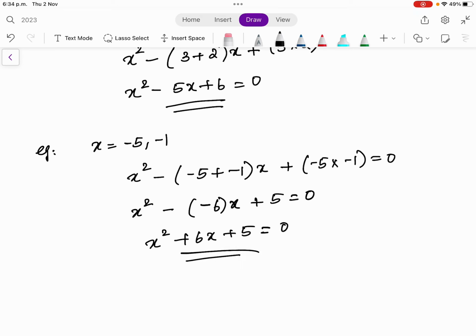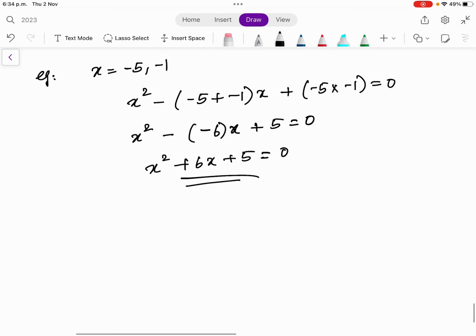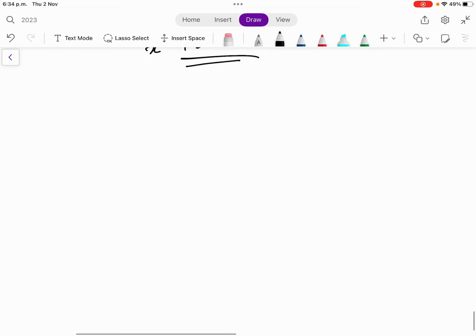Now going ahead with a different question. The roots of the equation are 2 over 5 and 3 over 5.